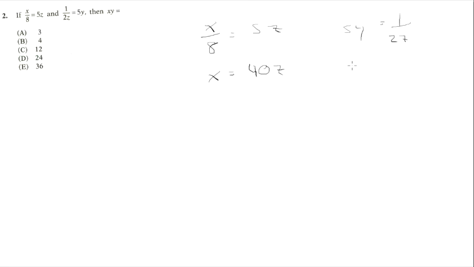Okay, so y is going to be 1 over 10z. Multiply the two together, you have 40z times 1 over 10z. Z's cancel, zeros cancel, so you end up with just 4.